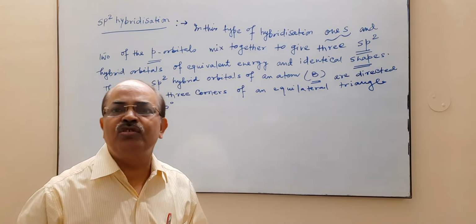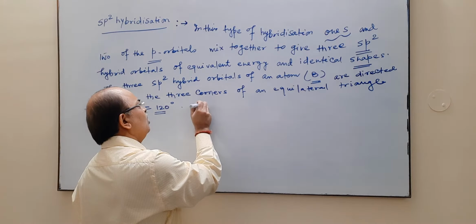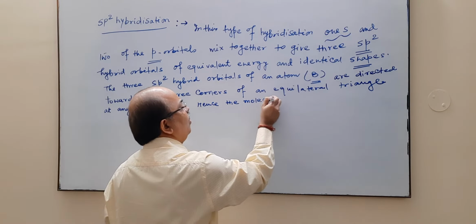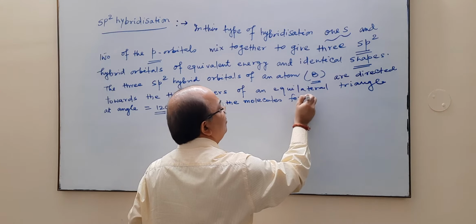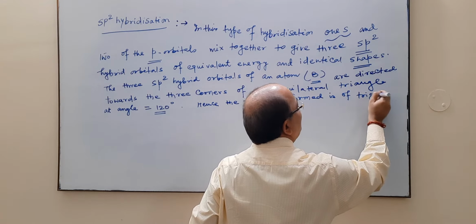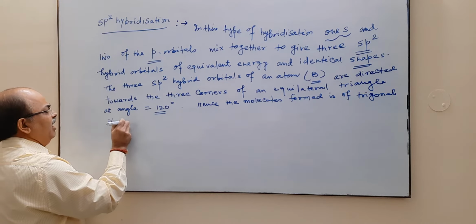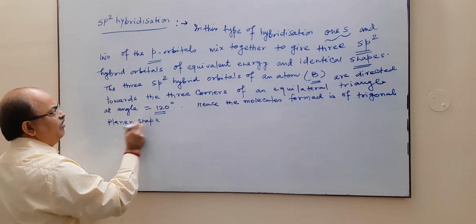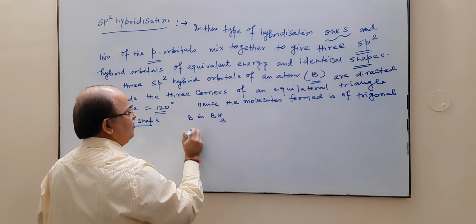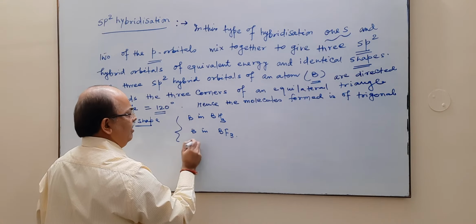At an angle equal to 120 degree. Hence, the molecule formed is of trigonal planar shape. For example, boron in BH3, boron in BF3, etc.